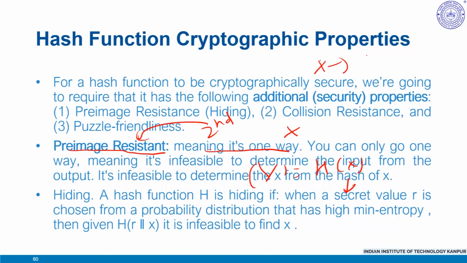So if x1 produces the output y, and if there is another input x2 that produces the same output y, we should not be able to find that input where hash of x1 equals hash of x2. So we should not be able to find any such x2 which is able to produce the same output.